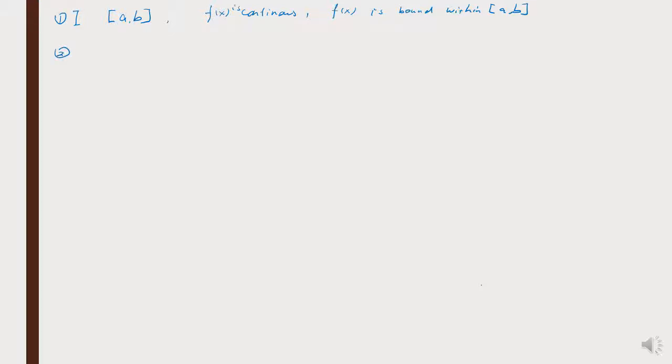And for the interval which is open, now we have two cases. In some cases, we cannot say the function is locally bounded. But for some other situations, such as the second example we had in the last slide, we can say that the function is locally bounded.